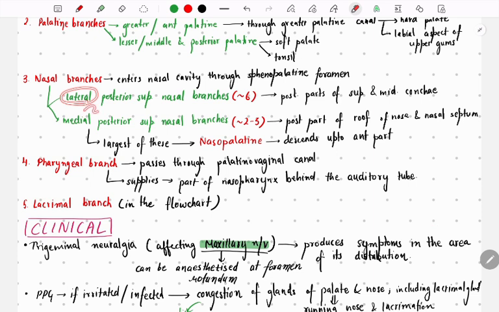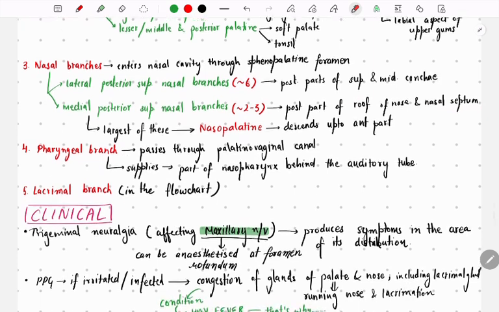And if there is a lateral one, there should be a medial one. So they supply the posterior part of the roof of the nose and the nasal septum. So this was for the lateral wall of the nose, and this one is the medial wall of the nose, or you can say the nasal septum, right?